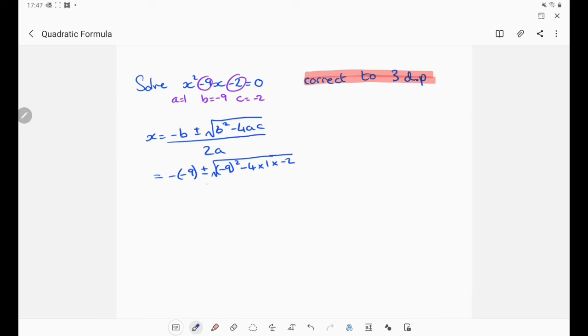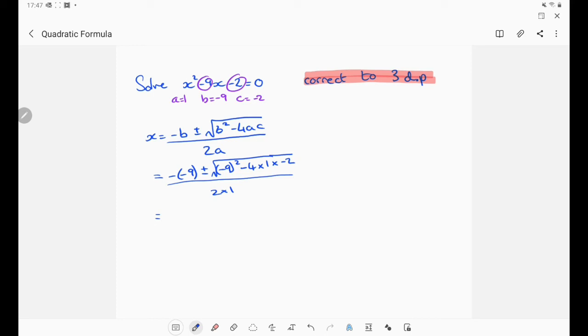Okay? All over 2 times 1. So what have we done? We have done step 1, we've identified. We have substituted in. We now need to solve or simplify down.